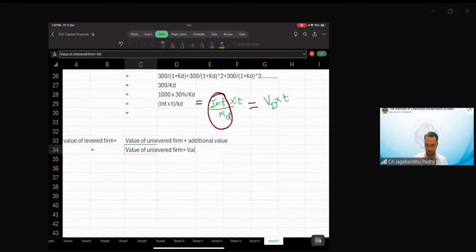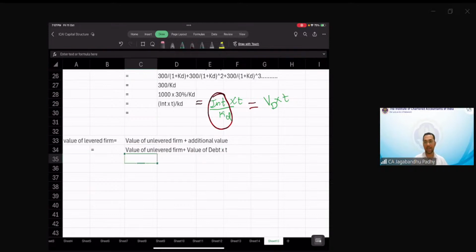The additional value is going to be the value of debt multiplied by tax rate. So the value of levered firm is calculated as value of unlevered firm plus the additional value which you have due to the tax saving, and that is your value of debt into the tax rate. Are we clear? So this is the MM model with the taxes approach.